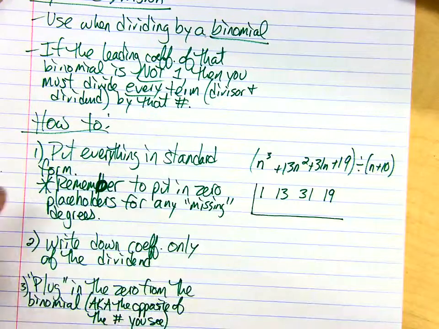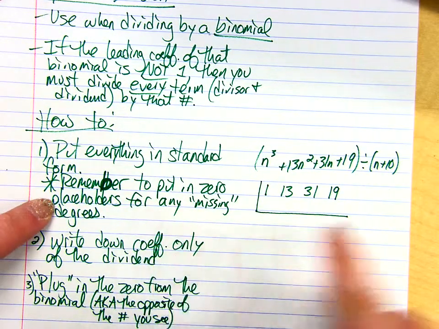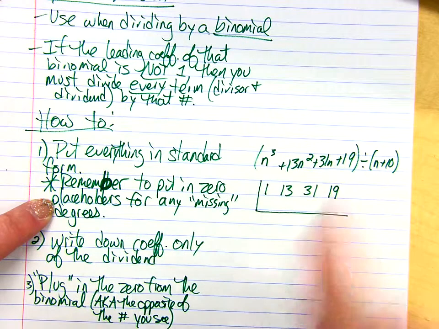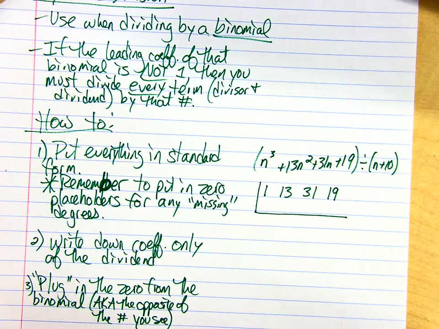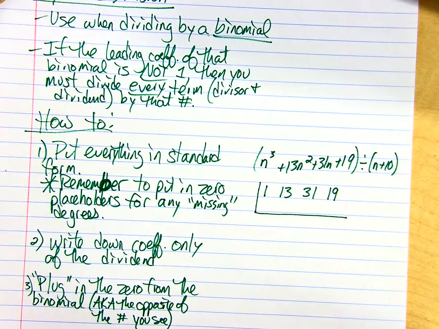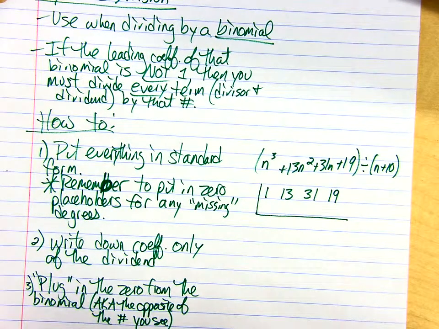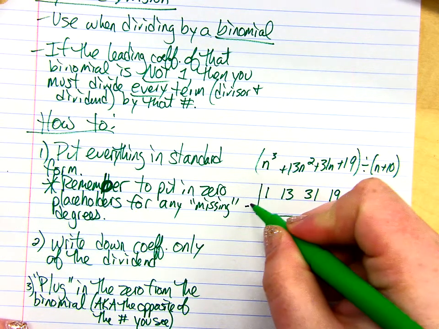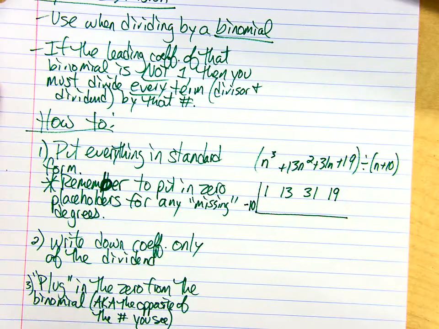If it's 2n plus 10, then you have a problem back in number 1, and you'd have to divide every single thing by 2. Okay, so in our case, it's going to be a -10, so I'm going to sneak in a -10 right there.